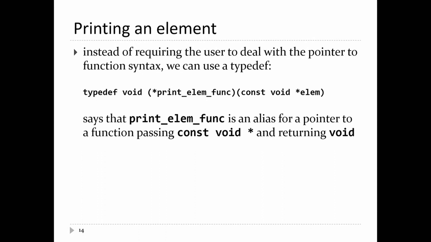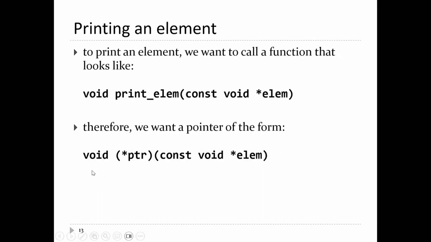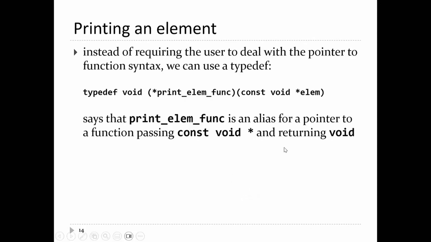Now look, this is kind of gruesome to read. Actually, this isn't so bad, but when you have much more complicated functions, it starts to become really awful to read. So instead of requiring the user to deal with the pointer to a function syntax, this is the appropriate time to use a typedef.